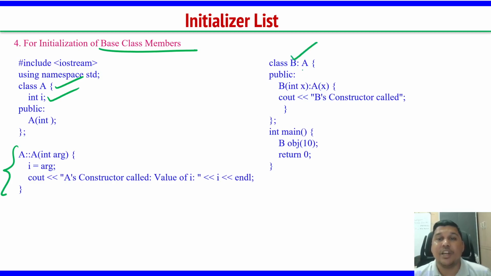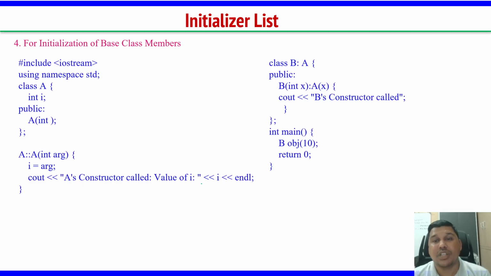Class B is there, which is inherited from A, right? So this i value I am passing from class B. So usage number 3 and 4 we will understand much better when we study the inheritance concept.